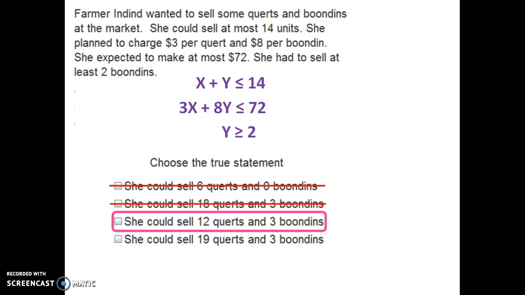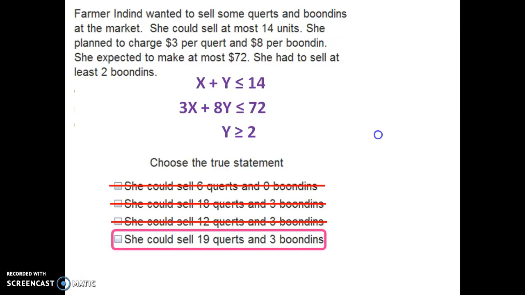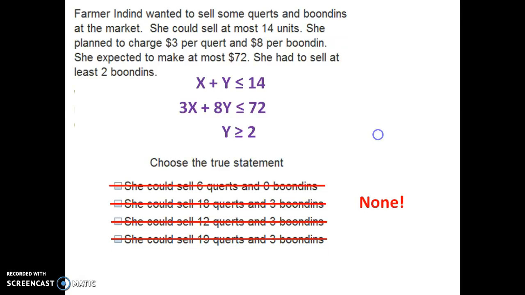What about the 12 quarts and 3 bundens? So 12 plus 3 is 15. That's not less than or equal to 14, so we can eliminate that. What about 19 and 3? Well, 19 plus 3 is 22. That is also not less than or equal to 14, so that is also not true.